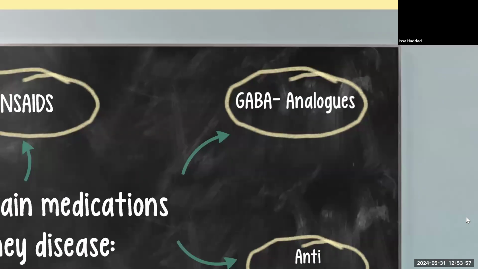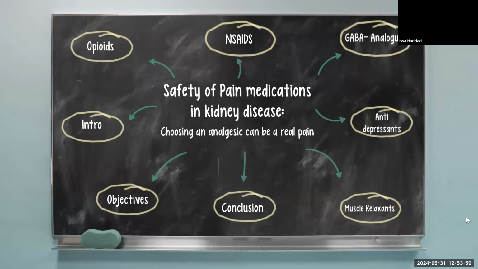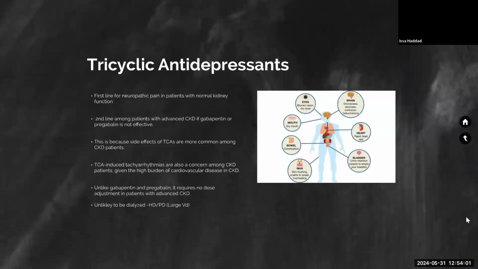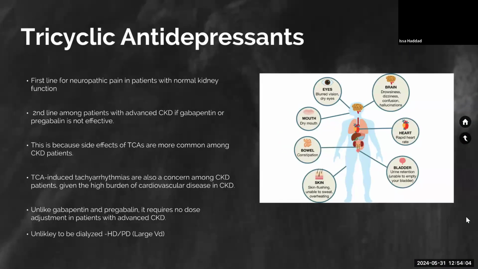because there are interactions with psychotropic medications. So I guess 2 more slides only, on antidepressants. The most known, or the most studied, is amitriptyline. They are actually well known for their anticholinergic effects that we fear. And first line, they're usually used in neuropathic pain with gabapentinoids. That's in normal kidney function.